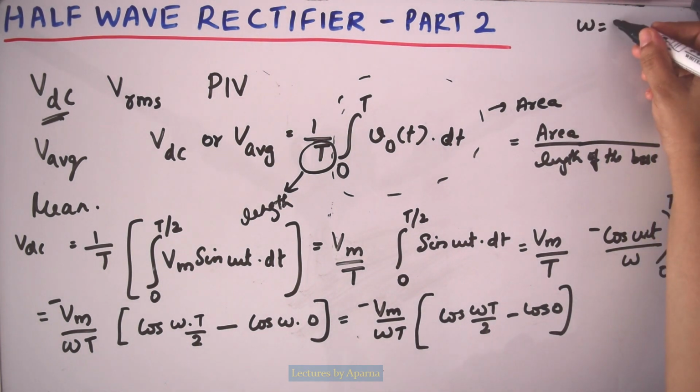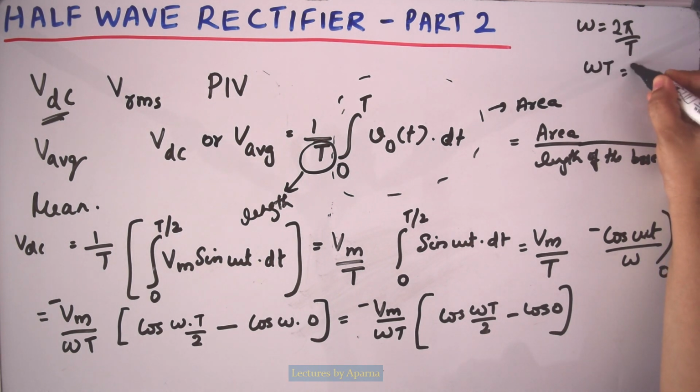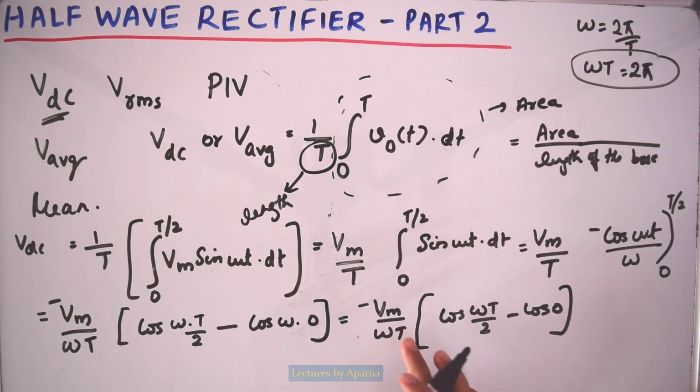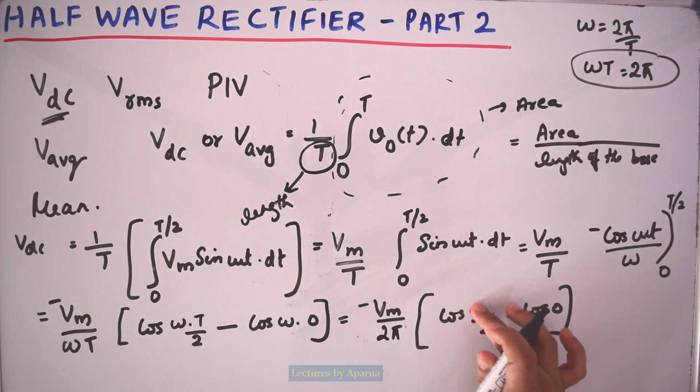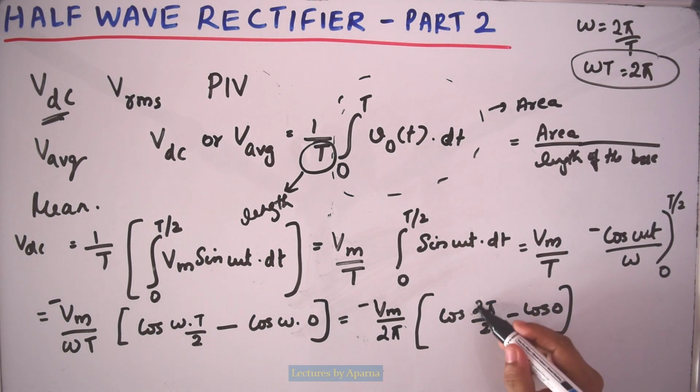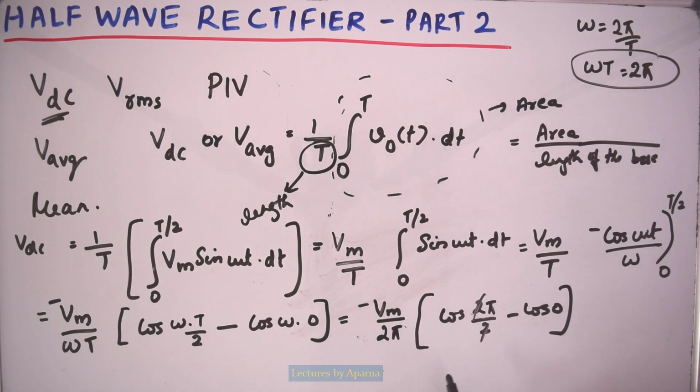Omega is equal to 2 pi by T, so omega T will be equal to 2 pi. So here I can write it as 2 pi, here also I can write it as 2 pi. This 2 and 2 will cancel, so it will be cos pi.